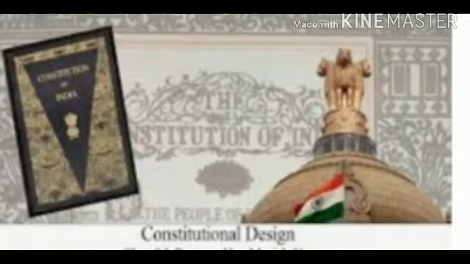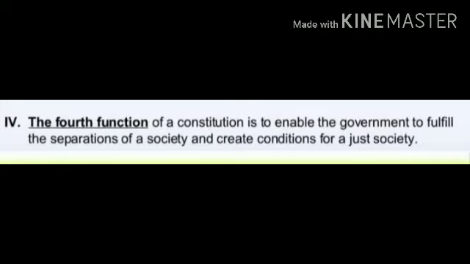So here we see the fourth function of a constitution is to enable the government to fulfill the aspirations of a society and create conditions for a just society.